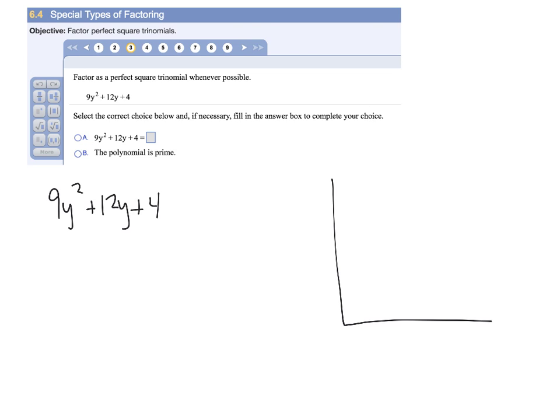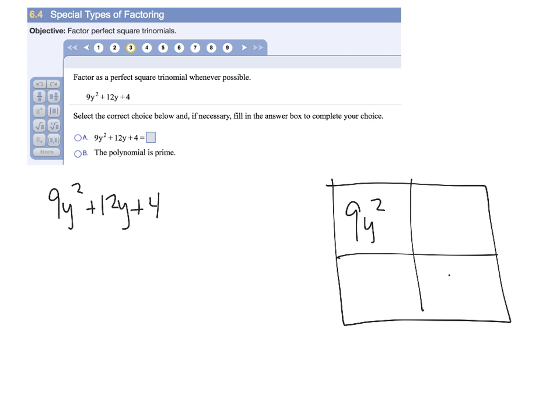So going over here. Now, it looks like we have choices, but we're going to go with a nice little educated guess. So let's think about 9y squared. Well, that's a square, because 3y times 3y gives us 9y squared.